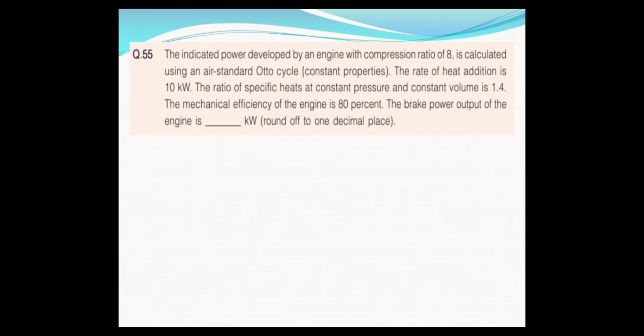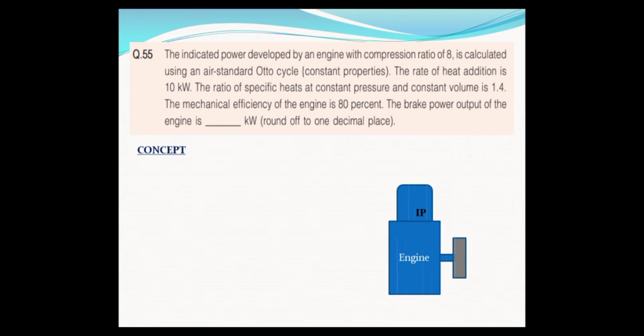This we can understand by observing this small figure and identifying the various efficiencies. See, this is the engine which is running by absorbing heat Q1 and it is liberating indicated power, that is within engine on the piston.